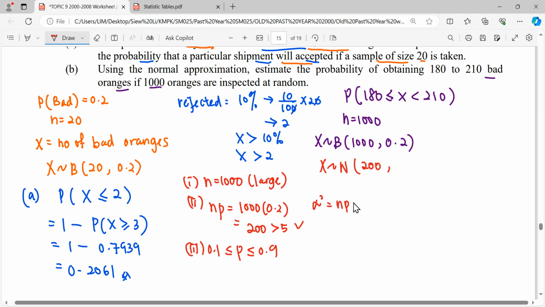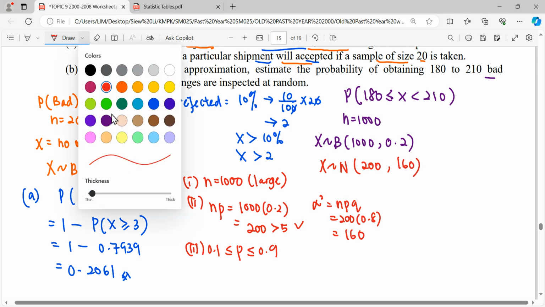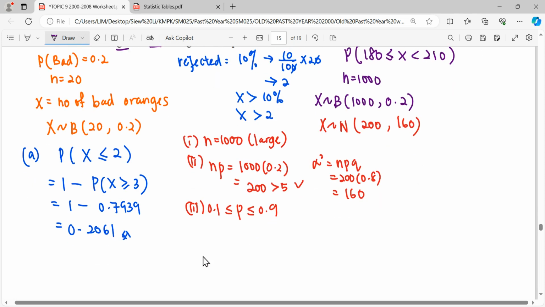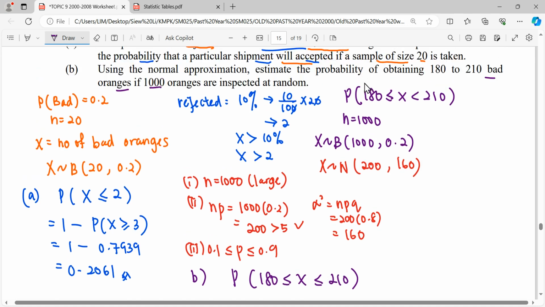Variance is npq, so 200 times 0.8, which gives 160. Starting from the question saying 180 up to 210, so it is inclusive.